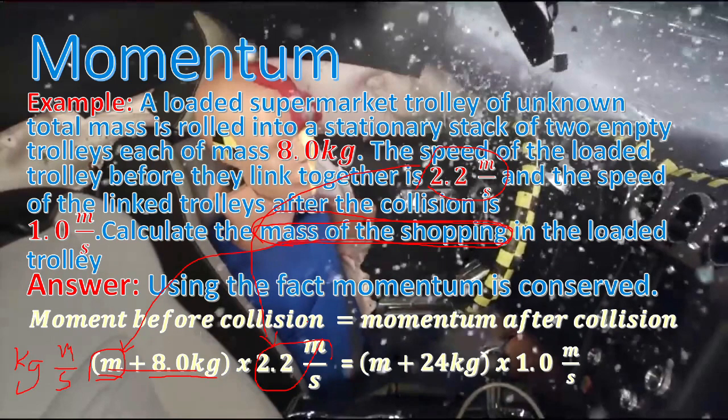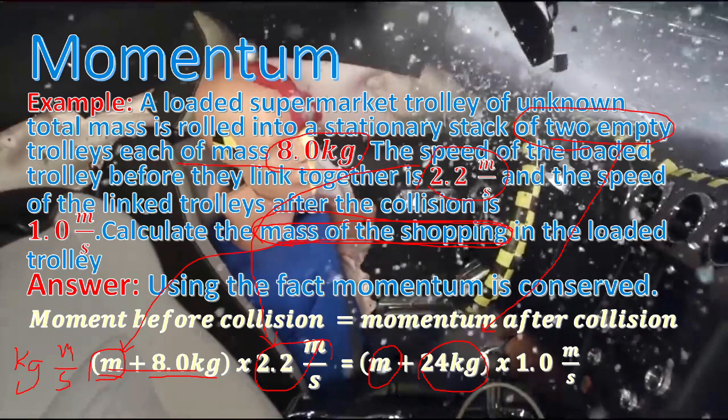The next one is the momentum after collision. Of course we have the mass of the shopping, and then the masses of the trolleys. Take note, we have two empty trolleys, each with a mass of 8 kilograms.